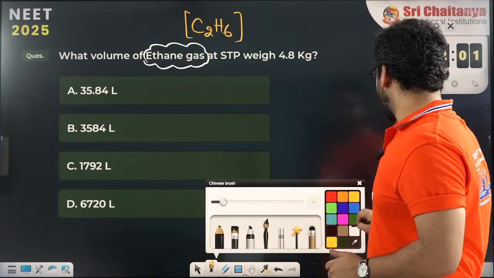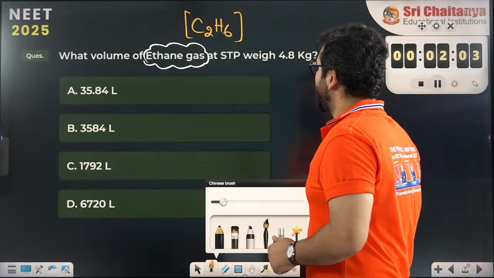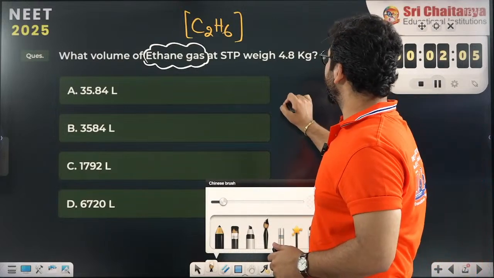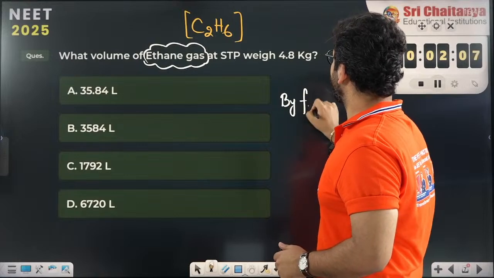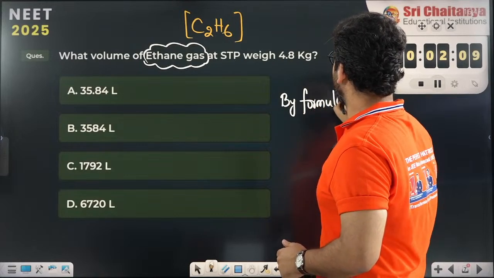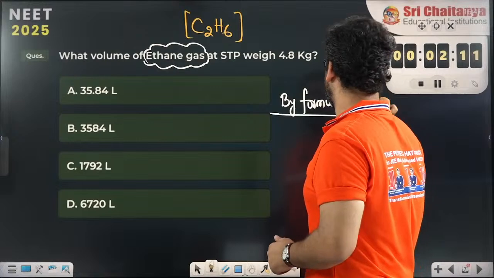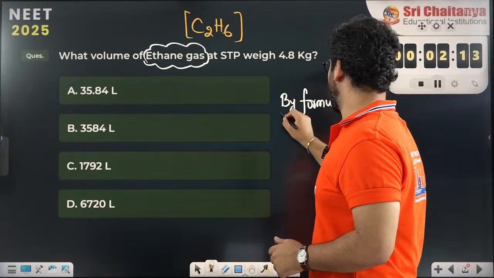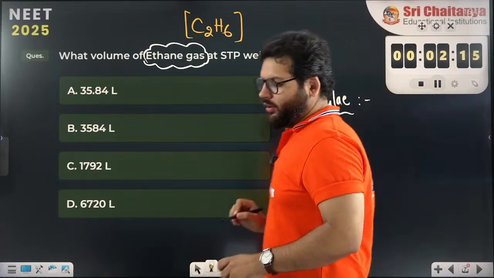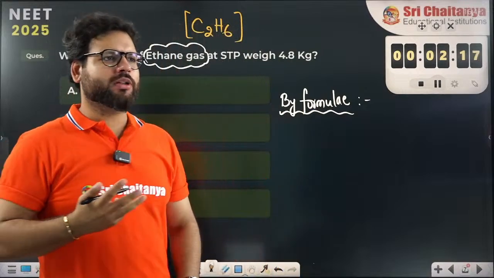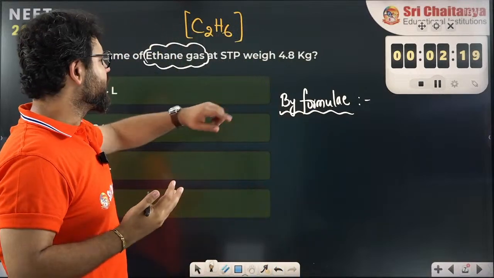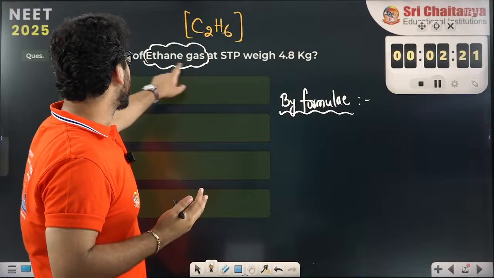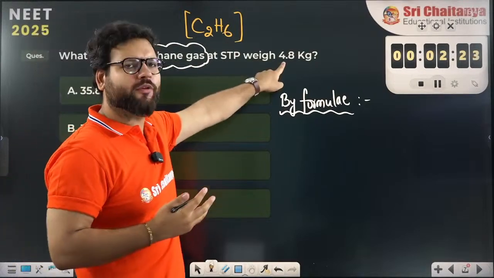Okay, I am telling you now, see here. I am telling you by formula now. There were 3 formulas for the moles. Here I have to compare volume formula versus weight formula.